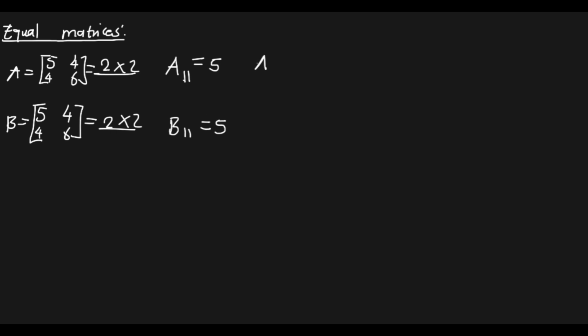Then let's look at this one: A, first row, second column, we have 4. B, first row, second column, here we have 4. Then A, second row, first column is 4.